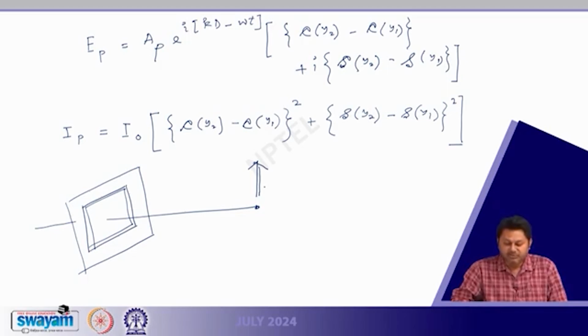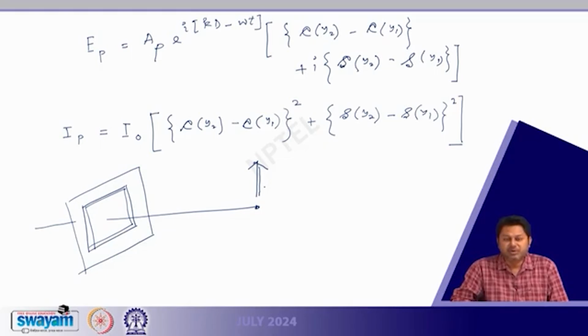And in the next class we will show, not today because today my time is up, that using this general expression, what the intensity pattern should be for a rectangular aperture or a one-edge system. In a sharp edge, how will the diffraction pattern look?